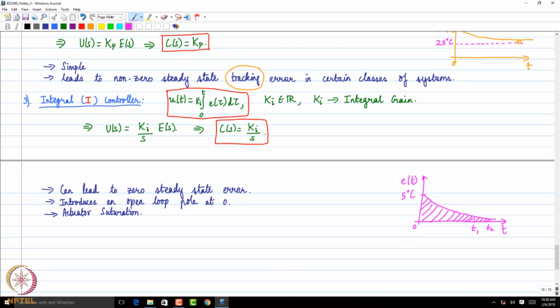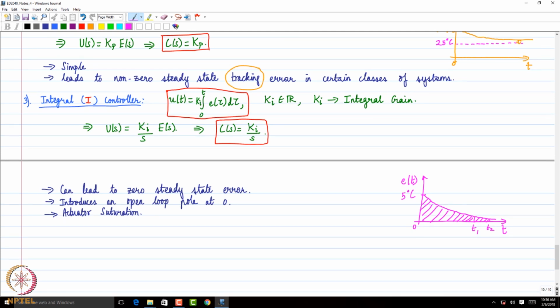So now what can you observe? Assuming that the error doesn't vary between positive and negative, and remains the same sign, this area can keep on increasing. If the area keeps on increasing, what do you think will happen to u? It keeps on increasing, multiplied by ki.